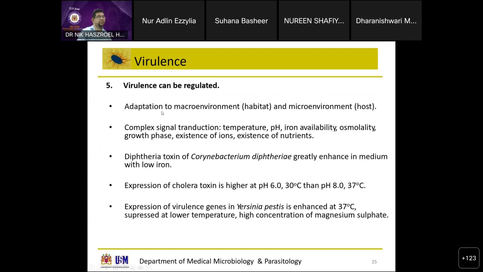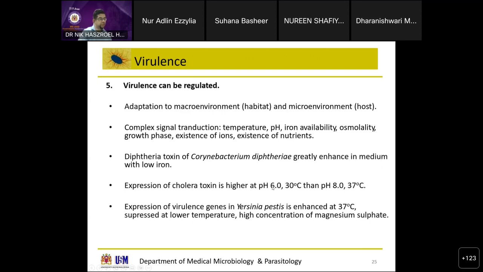So virulence can be regulated, with adaptation to the macro environment and the micro environment. There is complex signal transduction: temperature, pH, iron availability, osmolality, growth phase, existence of ions, and existence of nutrients. Diphtheria toxin of Corynebacterium diphtheriae is greatly enhanced in medium with low iron, and expression of cholera toxin is higher at pH 6, so an acidic environment, and temperature 30 degrees.